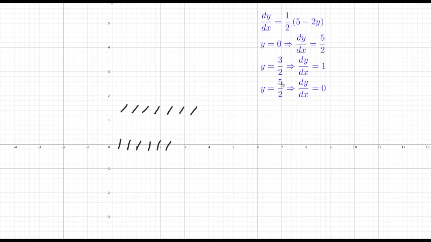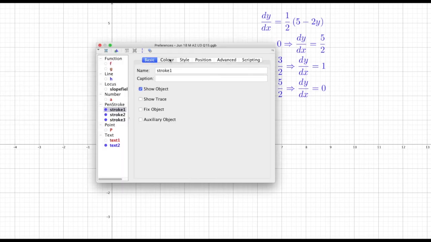And then when y is 5/2, dy by dx will be 0. So that's 2.5, so we're getting gradients like this. Now I'm going to change the colour of all of those for a reason you'll see in a minute. So we'll change them all to blue.